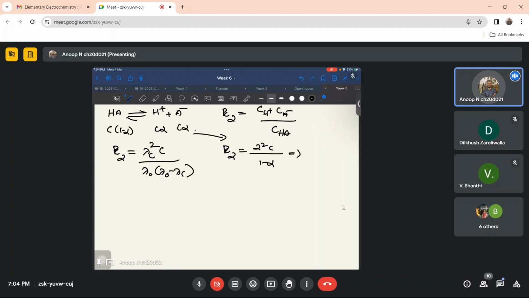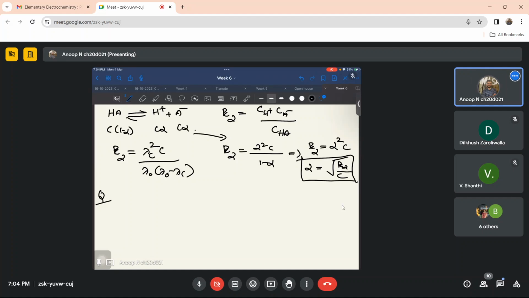In the limiting case, alpha is a very small number, so K alpha is alpha squared C, or alpha is the square root of K alpha divided by concentration.